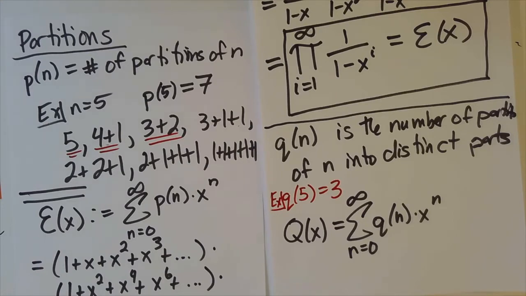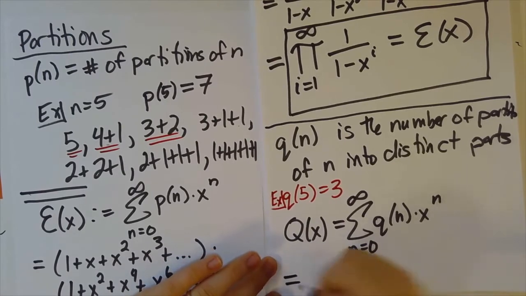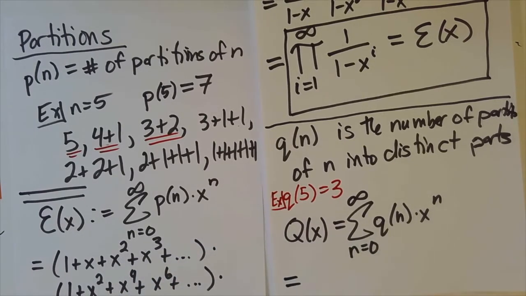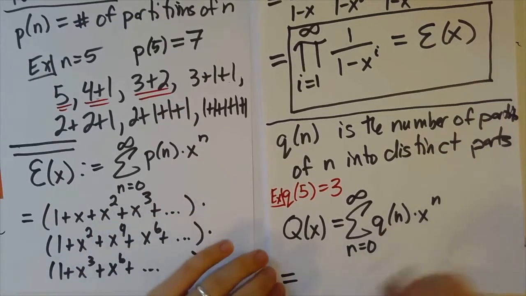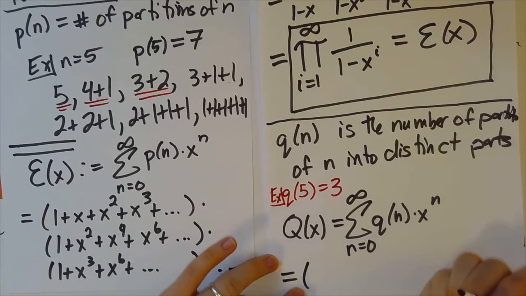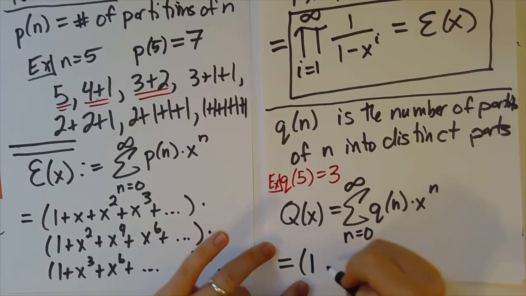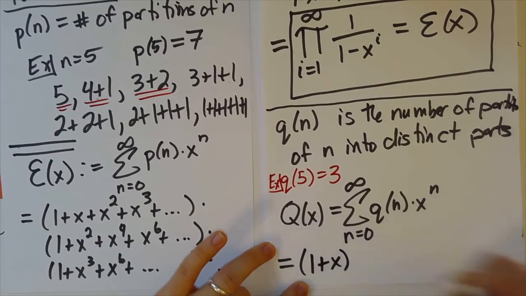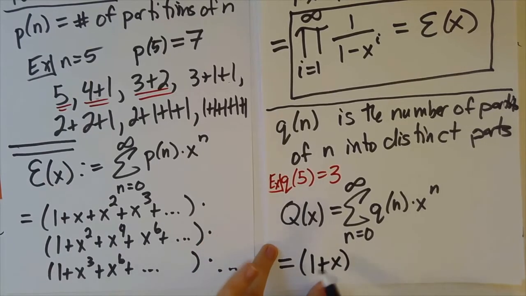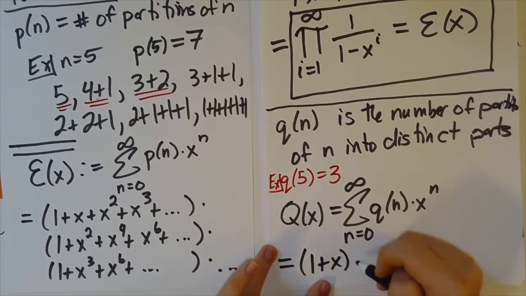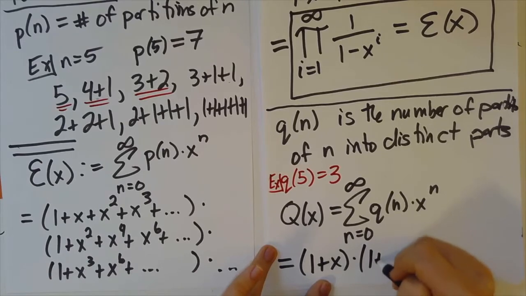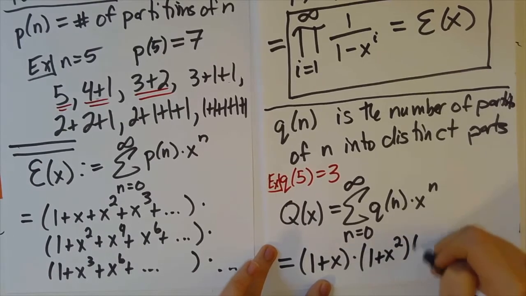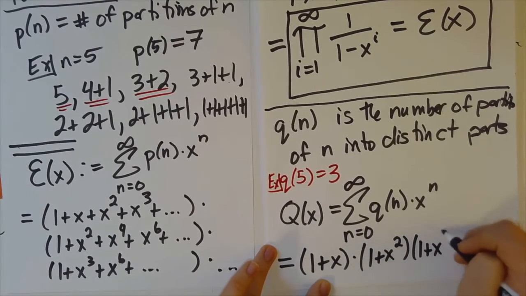Okay, so let's do this. So again, like before, I need to have a term for each digit. So a term for 1s, a term for 2s, a term for 3s, and so on. But the difference is, when I think about how many 1s I can use, I actually only have 2 choices. I can either use the 1 or not use the 1. So that's use the 1, that's don't use the 1. Likewise for 2s, I either have a 2 or I don't. And I either have a 3 or I don't.